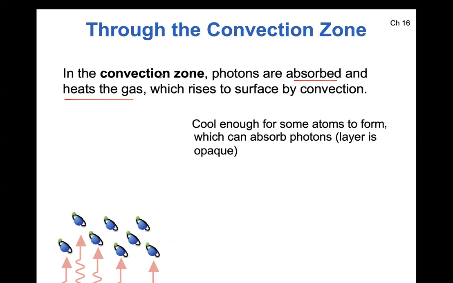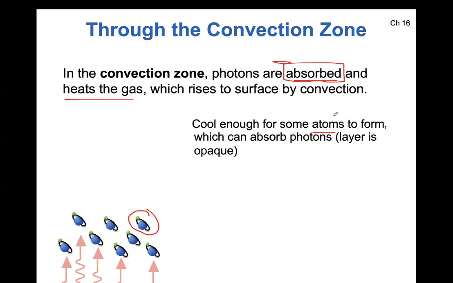Let's point out that in the convection zone, the atoms are cool enough for some atoms to form. They become atoms instead of ions once they're able to hold on to an electron. So that's why they can absorb. You see there's a whole cause and effect here. You're too hot, you don't have any electrons, so you're not an atom, you're an ion.